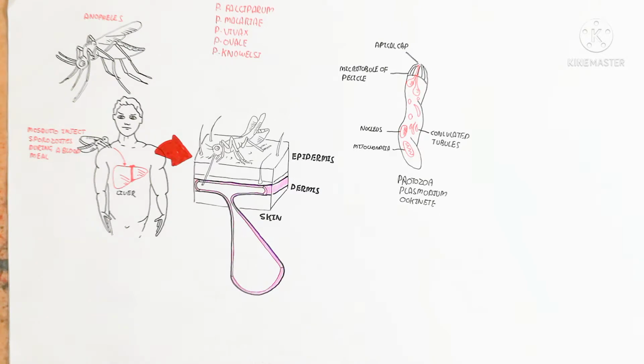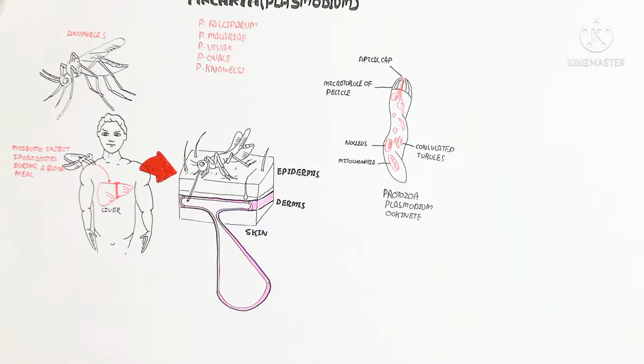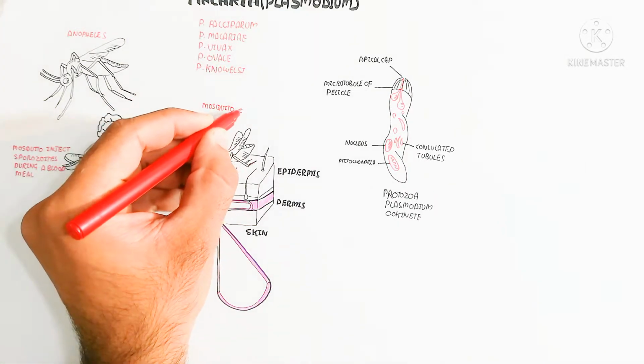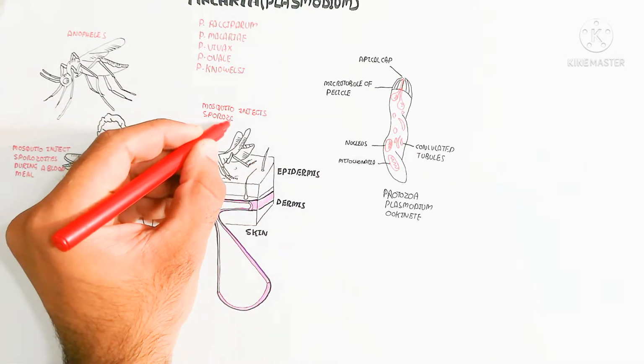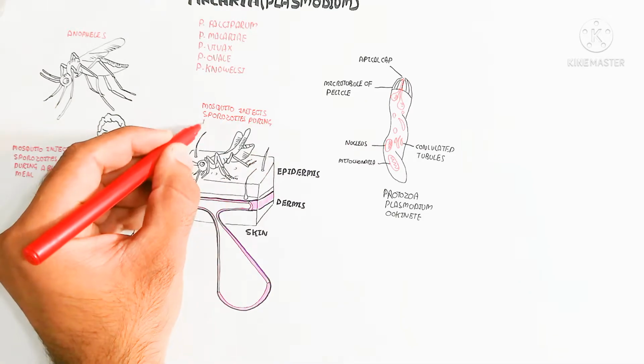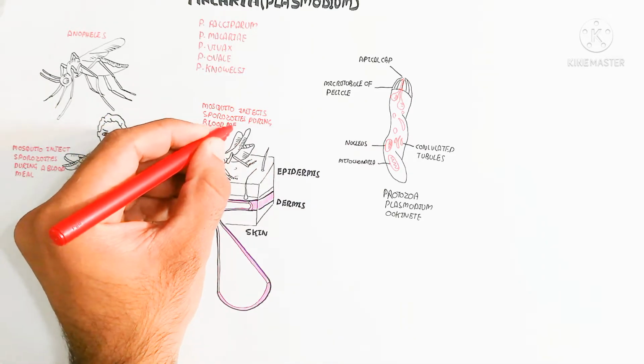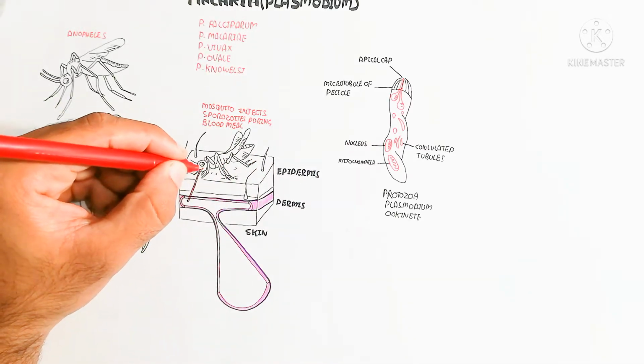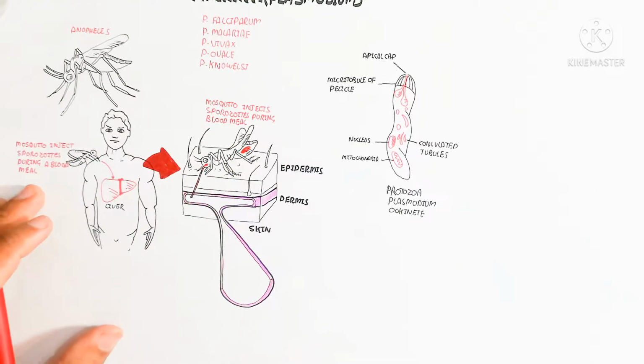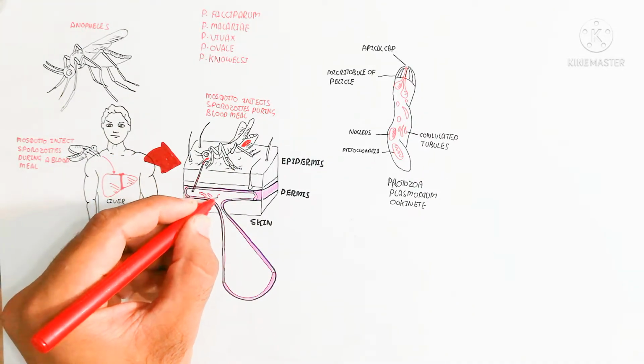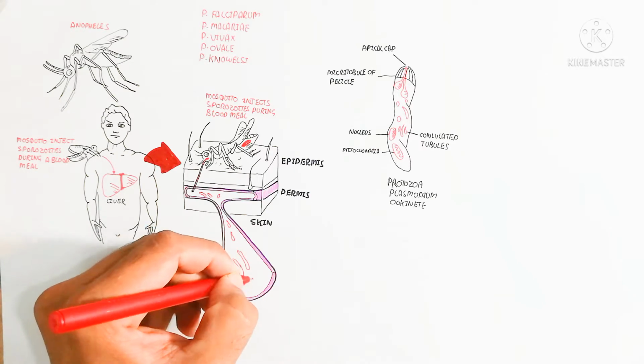When the mosquito bites, the sporozoites are inserted into the capillary and the blood circulatory system while it sucks blood. The sporozoites then move into the liver.